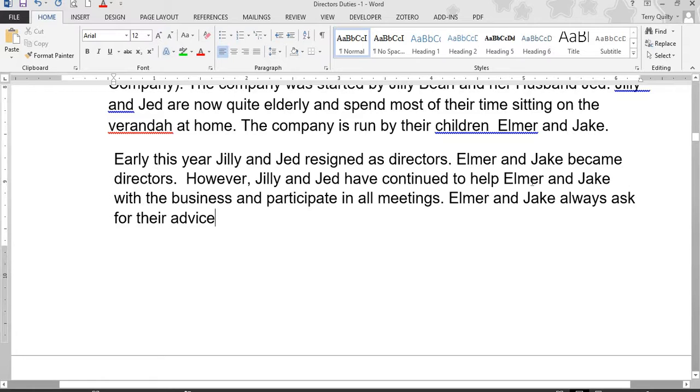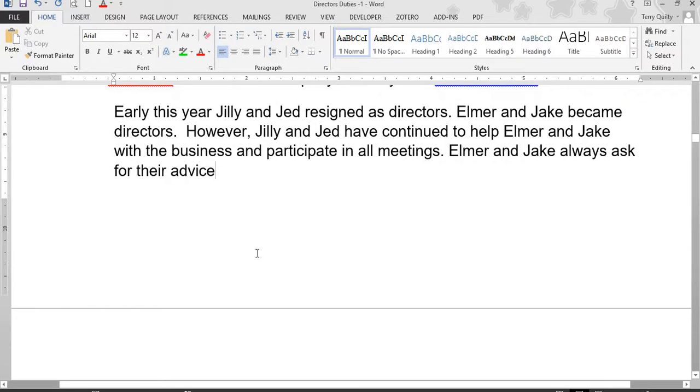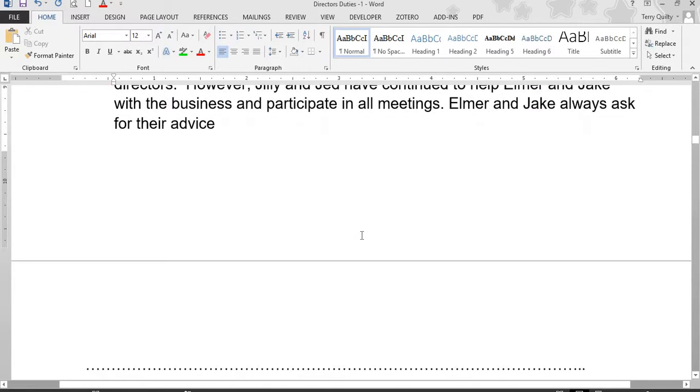However, they continue to help Elmer and Jake with the business and participate in all meetings and always ask their advice. So again, this is a section 126, 1B question, and whether the actual directors are accustomed or required to act under the direction of the other persons, and whether this would make them directors.